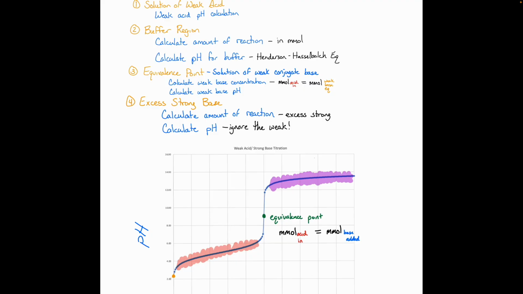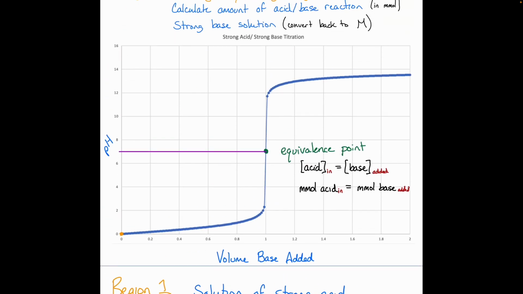One other thing I want to point out here is like I could look at this curve and I know it's a weak acid strong base titration as opposed to a strong acid strong base titration. So let me just point out these subtle differences. Going back to this curve here, number one, the first thing about this is that my equivalence point is exactly at pH 7. Right? That's only true for your strong acid, strong base titrations.